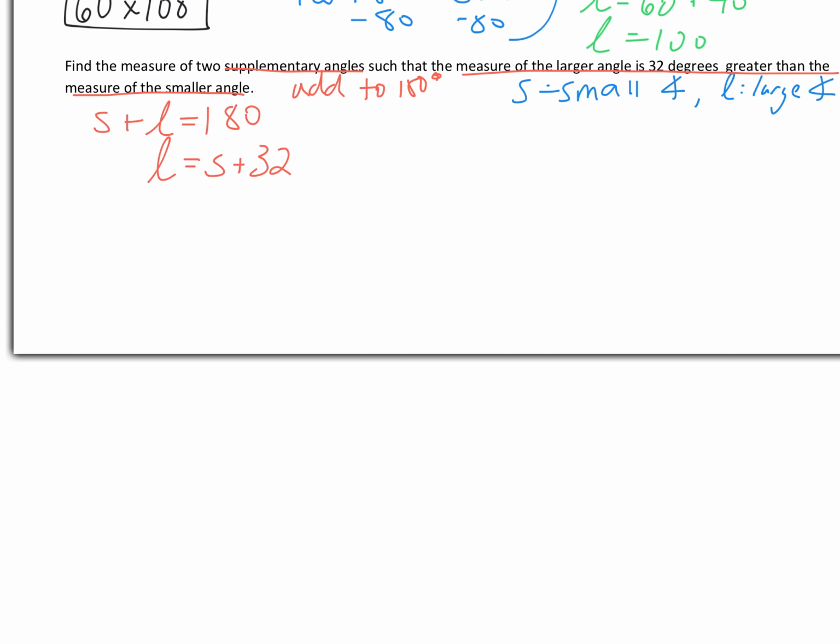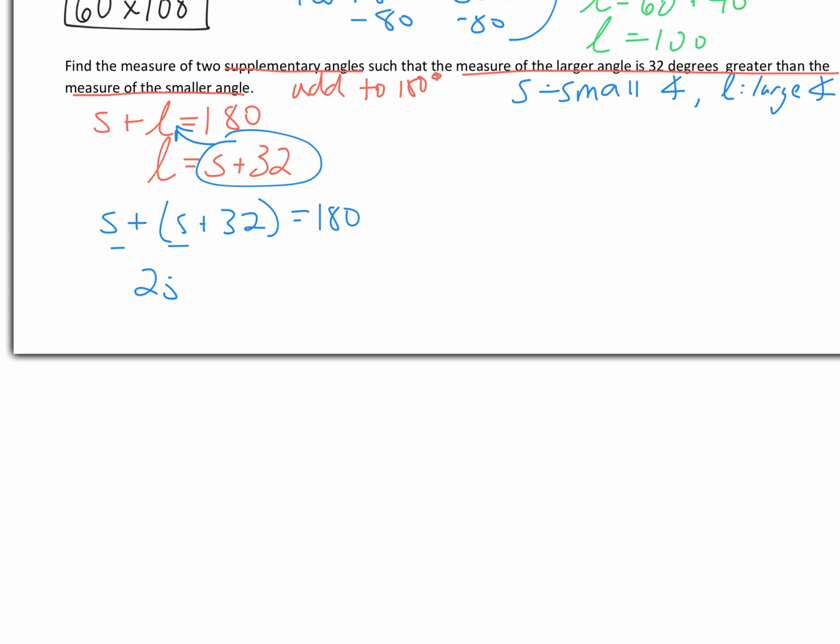From here, it looks like substitution again. So let me take that large angle L, substitute that value in, S plus 32 plus S equals 180. Nothing to distribute, so I can just combine like terms.